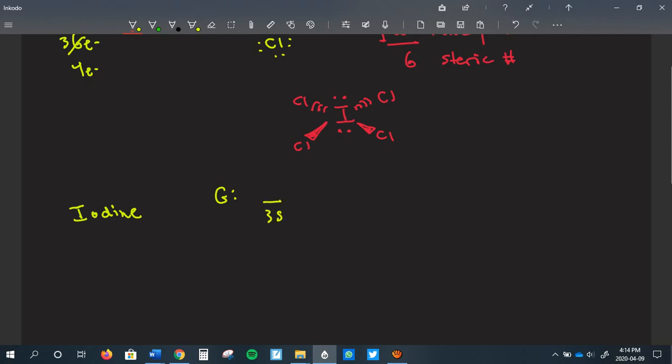So this is 3s, 3px, 3py, 3pz. It's a halogen, so it has 1, 2, 3, 4, 5, 6, and 7 electrons, right?